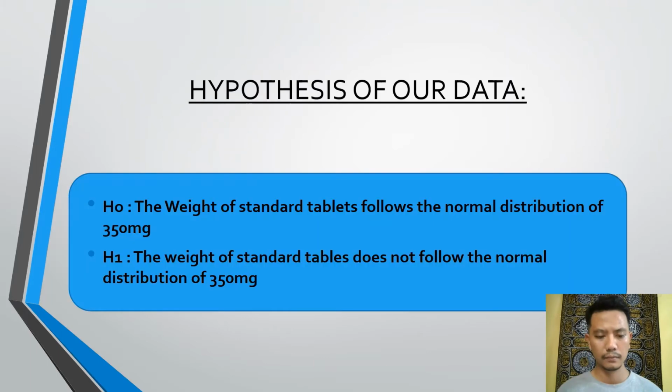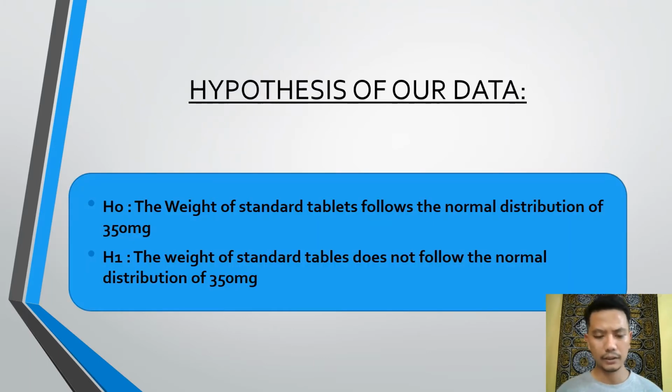In part B, we will see if the pill Lajak Kuruih follows the normal distribution with weight of 350 mg and standard deviation of 14 mg, and whether there is significant evidence that the Lajak Kuruih tablet follows this distribution. For the calculation part, we have broken it down into 4 parts: the hypothesis, the test statistic, the decision rule, and the last one is the conclusion.